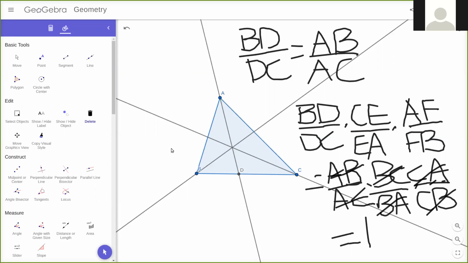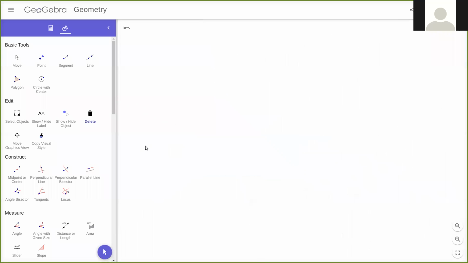And someone suggested earlier that we use a special tool, trig. So we're going to convert Ceva's theorem into a trig form. To do that, we use something called the law of sines.